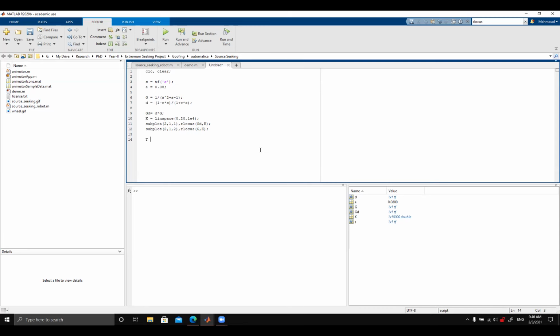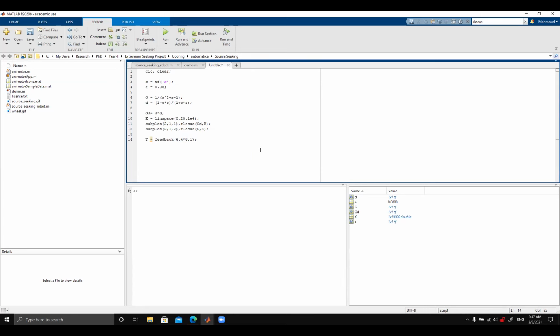T equal to feedback of GD, or so this is, say, 6.4 times GD, or times G, and 1.